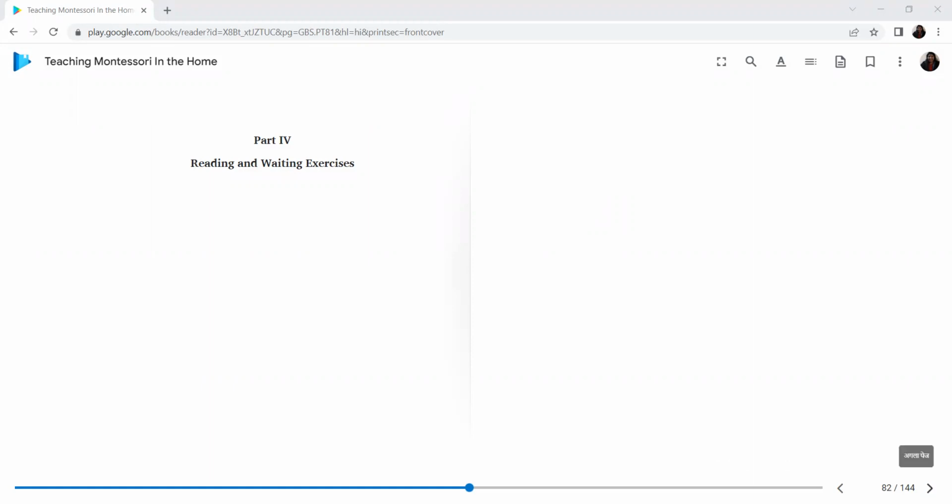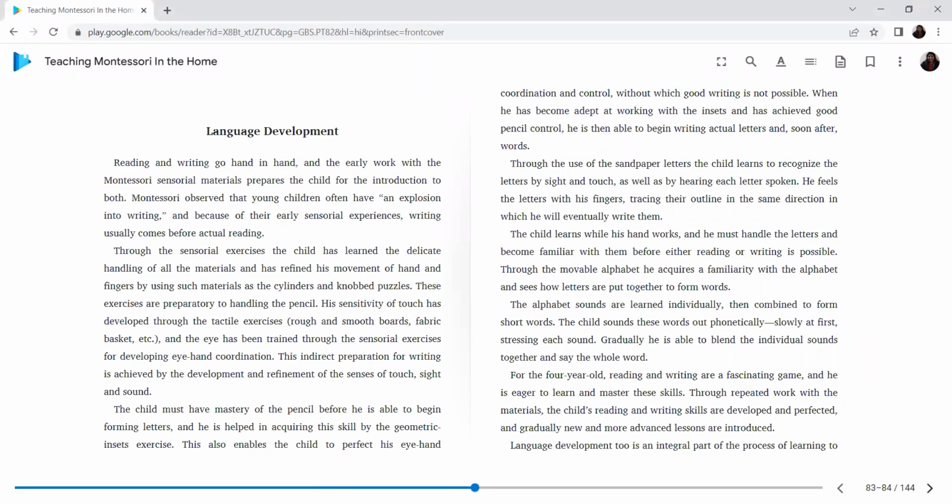Reading and writing exercises develop language development. And in language development, how do we develop? See, as I told you, what is Montessori? Montessori is to develop learning with the use of senses, right? With the use of senses. So now you just imagine how you can develop a language with the use of sense.